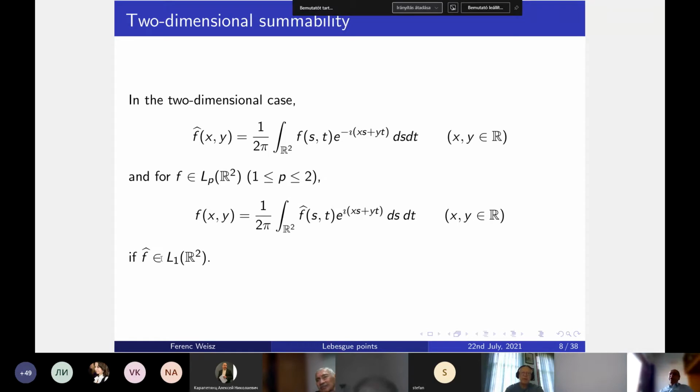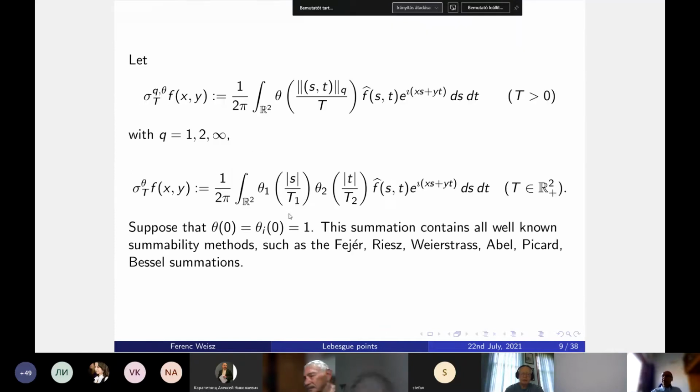If f hat is not an integrable function, then we can take again a summability method. We multiply in the inversion formula by a function theta. Basically there are 2 different summability methods.